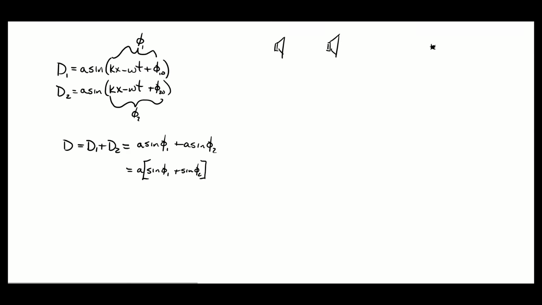Now, there is a trigonometric identity that we can use here to make things a lot simpler, where if I have sine of alpha plus sine of beta, it turns out that this simplifies to 2 cosine of one half alpha minus beta times sine of one half alpha plus beta, right?